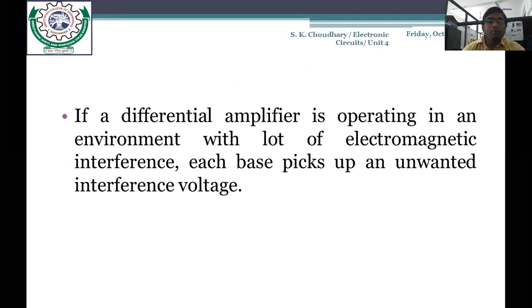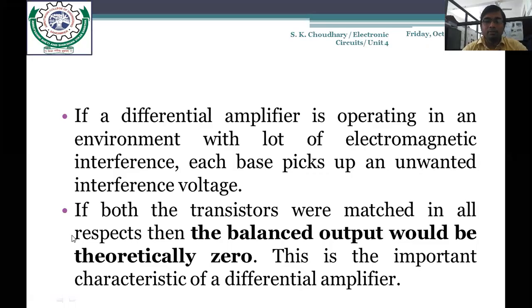So if a differential amplifier is operating in an environment with lots of electromagnetic interference, each base picks up an unwanted interference voltage. Whatever wires are connected to the base or open wires are there, they will act as an unwanted interference voltage.